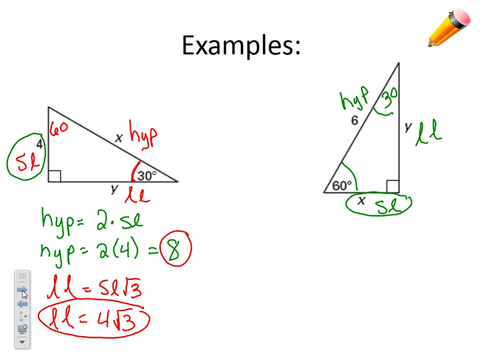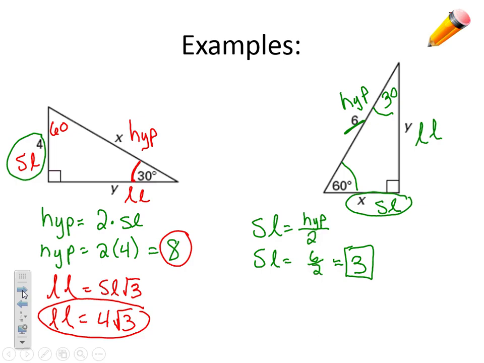So short leg equals, now I know my hypotenuse, so that's the equation I have to use, which is the hypotenuse divided by 2. So my short leg is going to equal 6 divided by 2, which is just 3. So my short leg is 3.